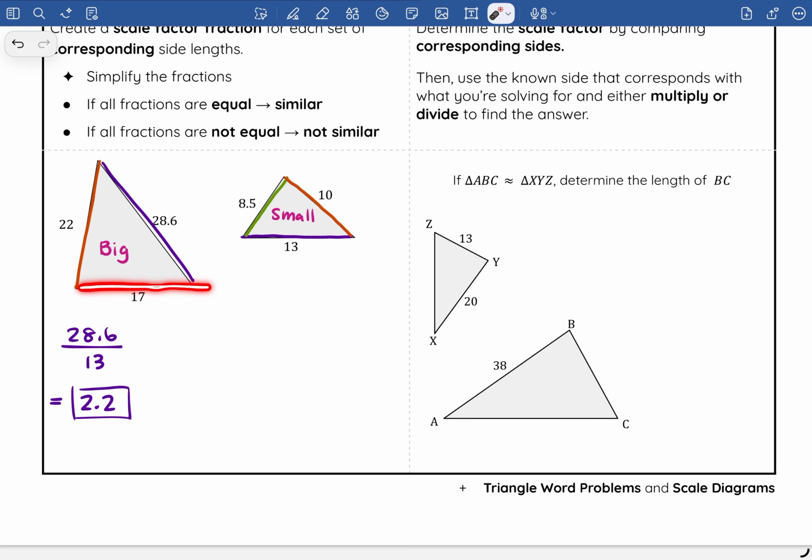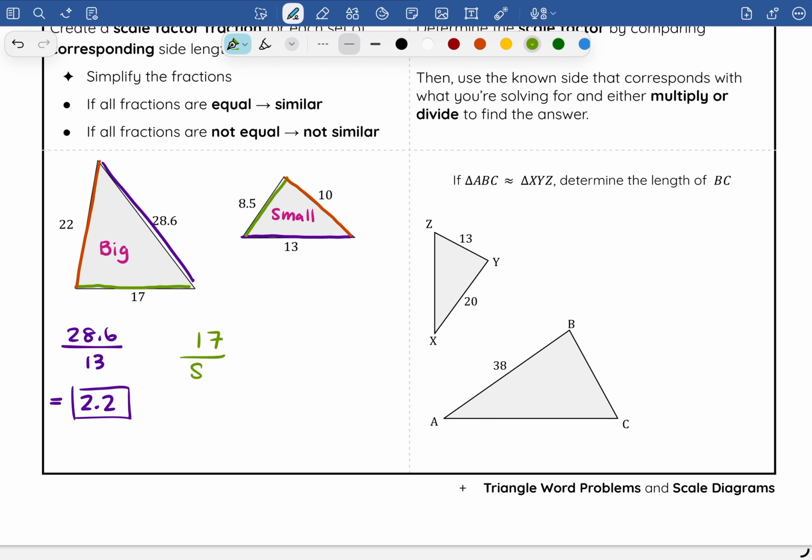So we're thinking the big one will go on the top, just like we did here, and the small one will go on the bottom. So we'll have 17 over 8.5. Again, typing that into our calculator. And what we get, what did you guys get? Excellent. That's what I got too.